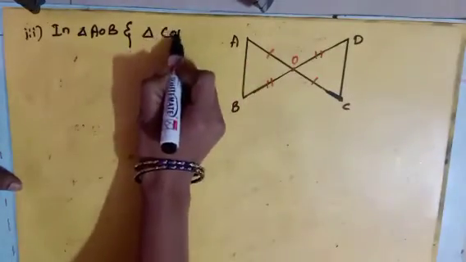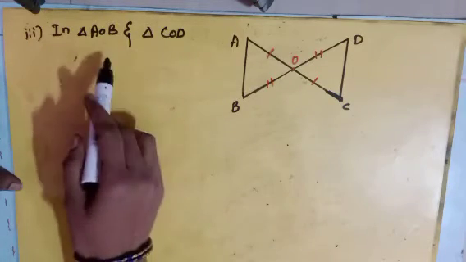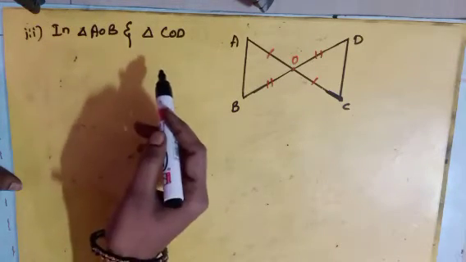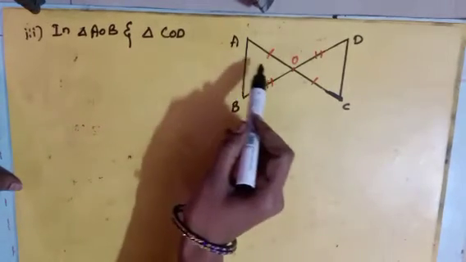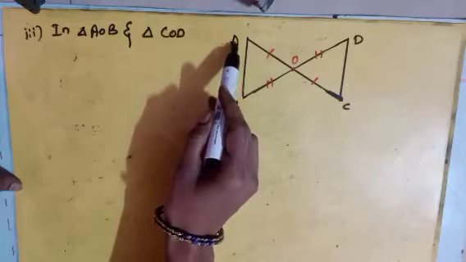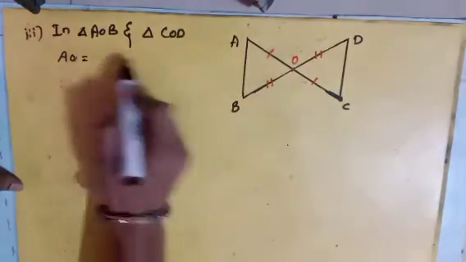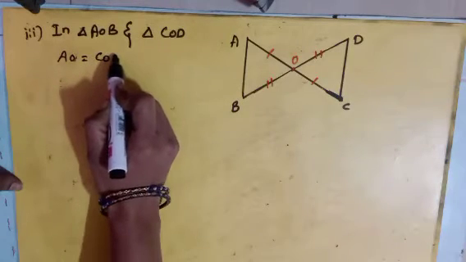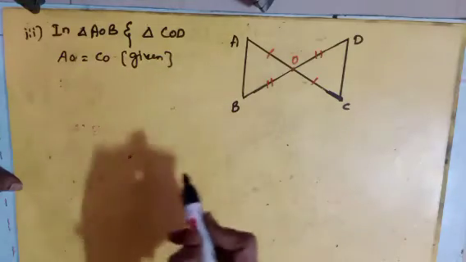We have to conclude that both the triangles are congruent by SAS congruency condition. First let us write the side AO, that is the side AO is equal to CO. It is given.